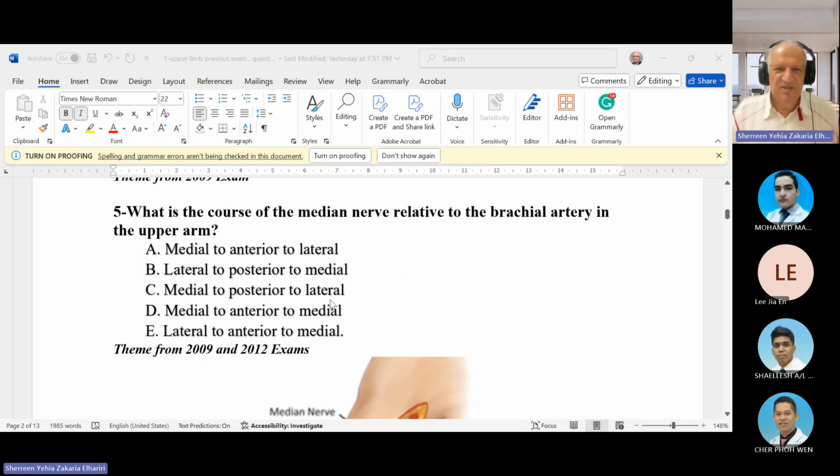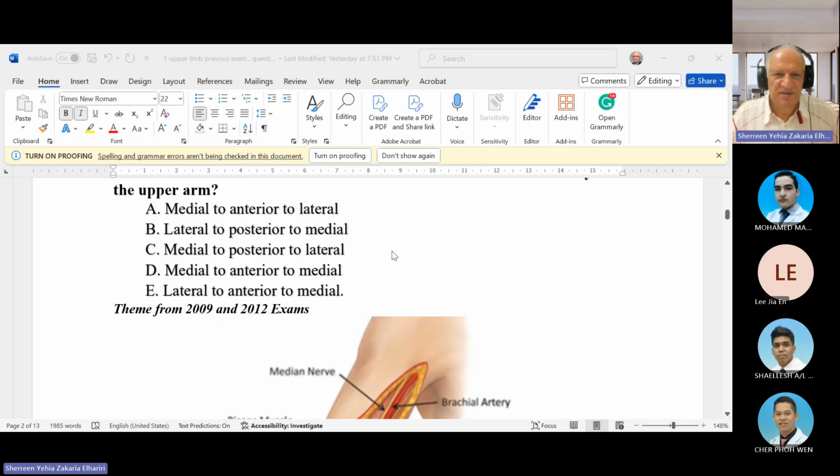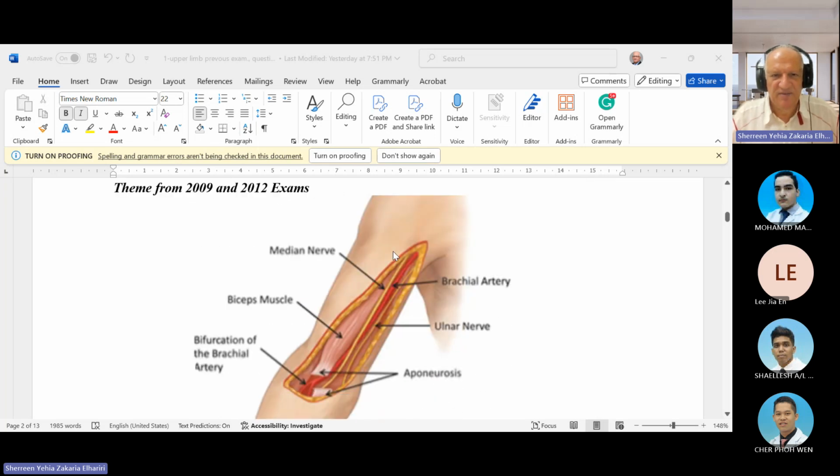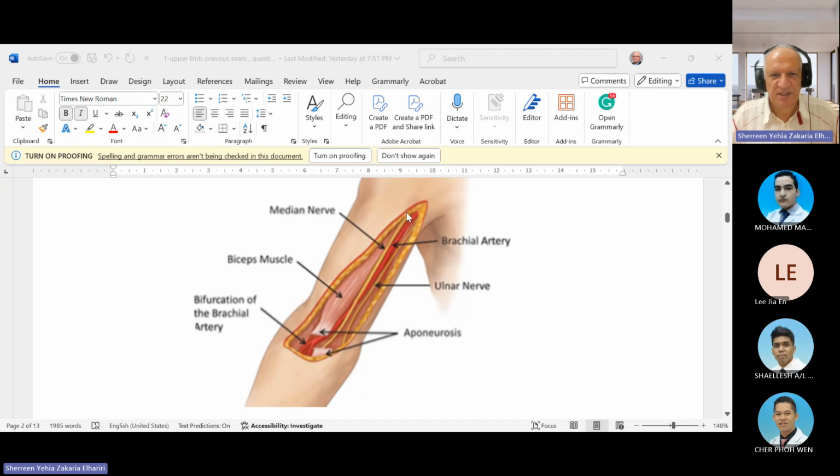Next question, and it is common. He asked about the course of the median nerve relative to the brachial artery in the upper arm. Of course, when you study anatomy, you must have a picture. You can use Ackland, you can use Get Through Anatomy, you can use any text you have. And if you see this picture, you can find the brachial artery.